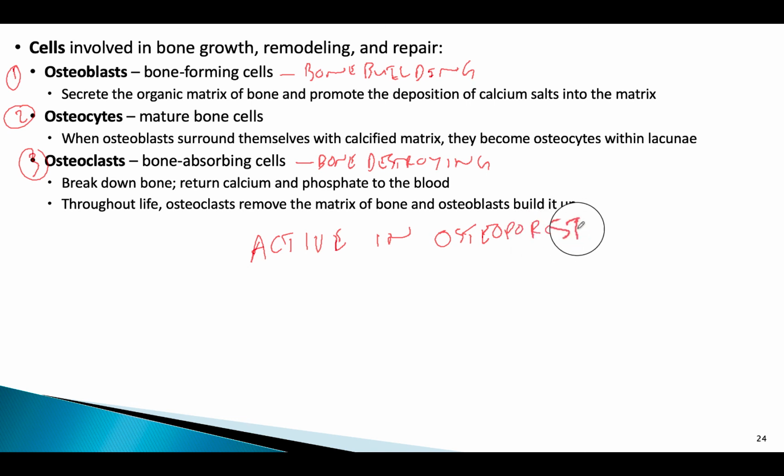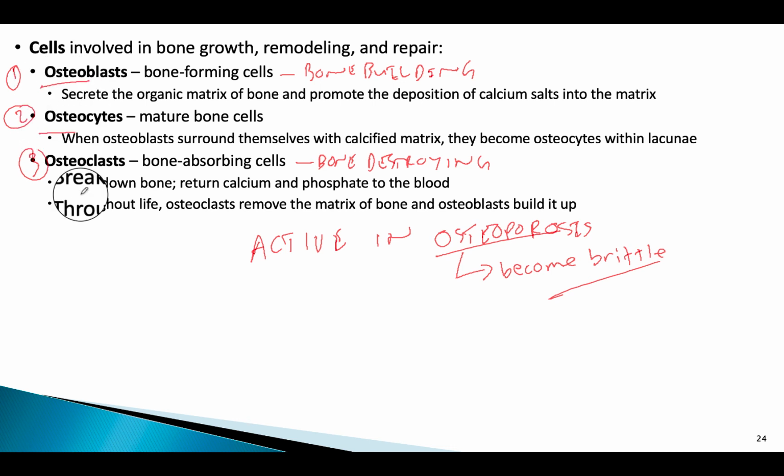So I want you to know that osteoporosis, this is when the bones become brittle. So what do you think is the answer to that? So is it osteoblasts that are active? Is it osteocytes that is active? Or is it osteoclasts that is active here?